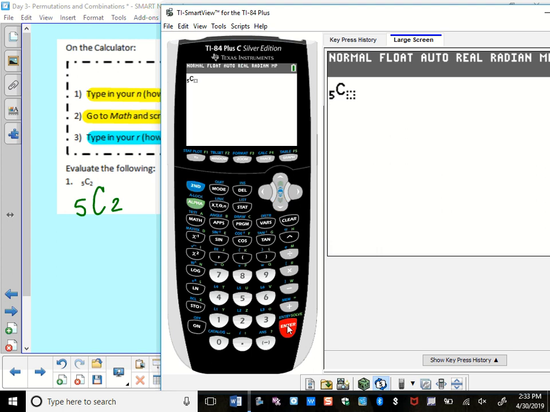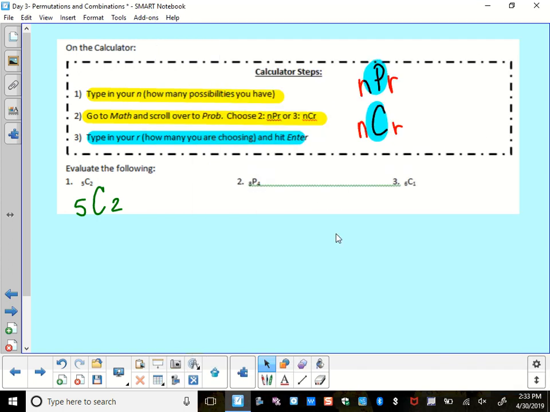Yours may look a little different than mine depending on the year of your calculator, but the process is still the same. All right, what is your last number? 2. Hit enter. And it does the work for you. So how many possibilities do we have? 10. We have 10 possibilities. So my answer is 10.